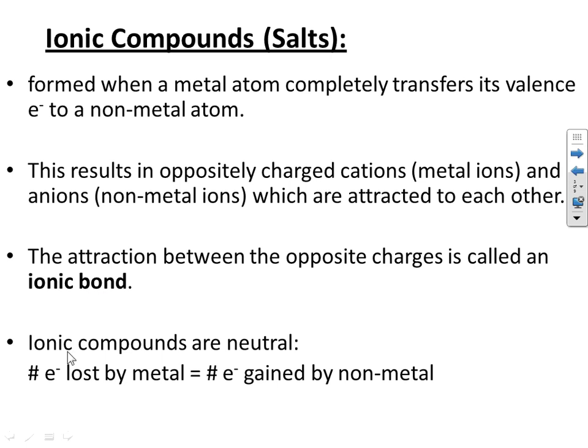All right. Now, in the end, the ionic compound is completely neutral because the electrons lost by the metal equal the electrons gained by the nonmetal, and therefore, when they come together, those opposite charges cancel away, and the compound that we have is electrically neutral.